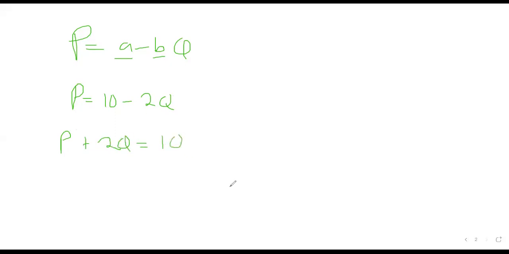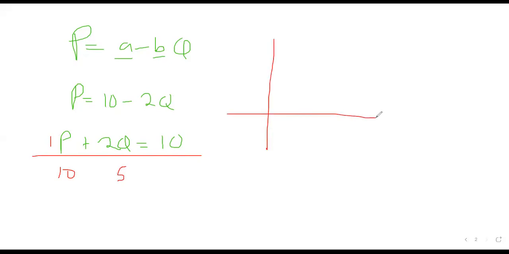Then you identify the coefficients that are there. Here there's a 1, which is invisible, and here there's a 2. To know how to sketch this, you divide 1 into 10, we get 10. To get the intercept on the q axis, we divide 2 into 10, it is 5. And when you're drawing the x and y plane, we know that our p is here and our q is there. It will cut our p at 10 and it will cut our q at 5. So this is how we draw the demand function.